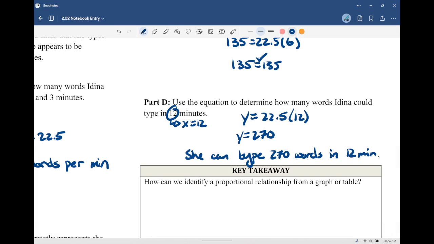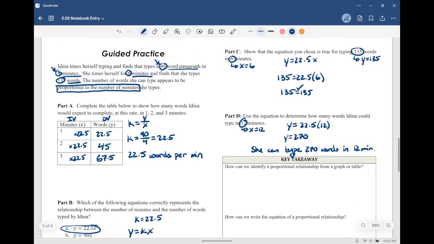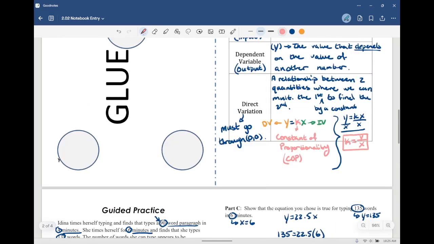All right. Louder. 22.5. How do we get that number? How did we end up getting that number? Janaya? Absolutely correct. We knew from up here, if I want k, I have to actually just take my y value and divide it by an x value.